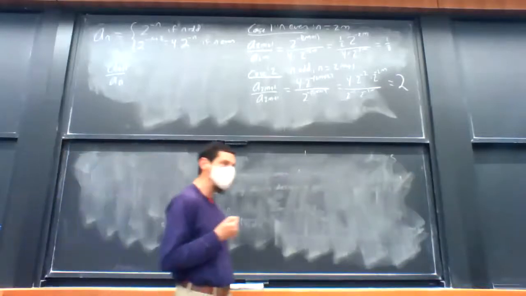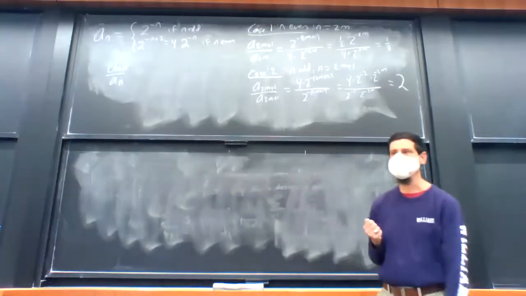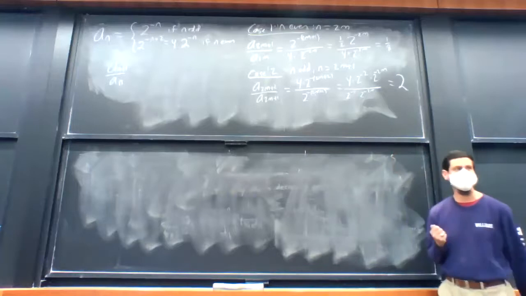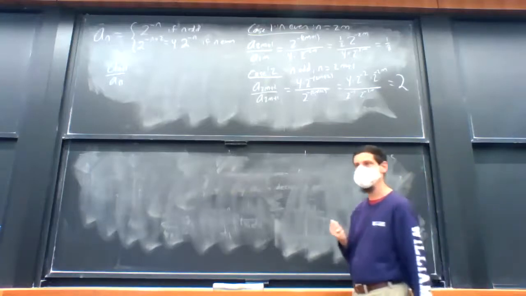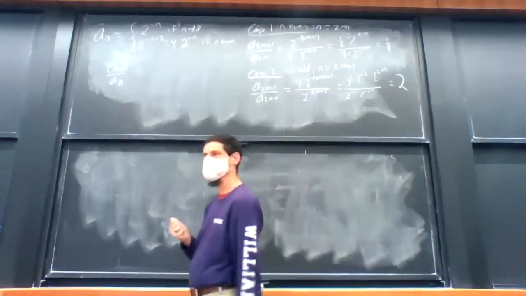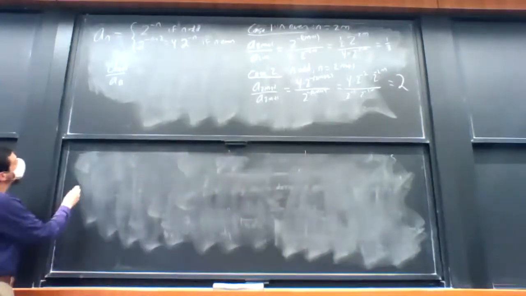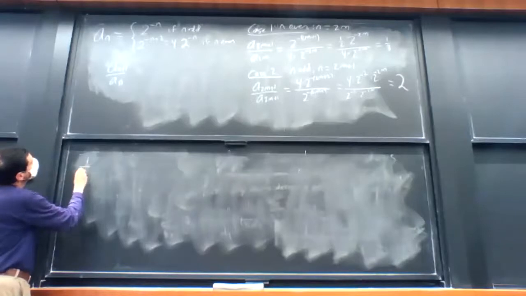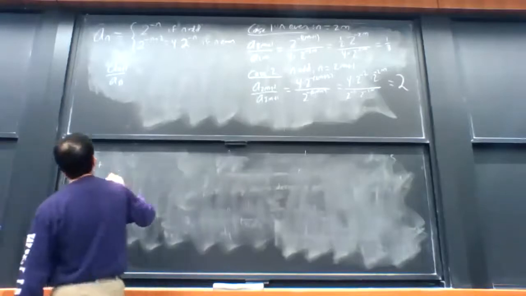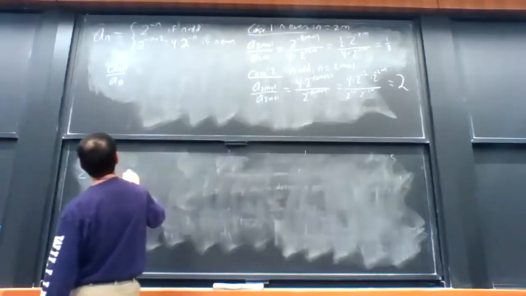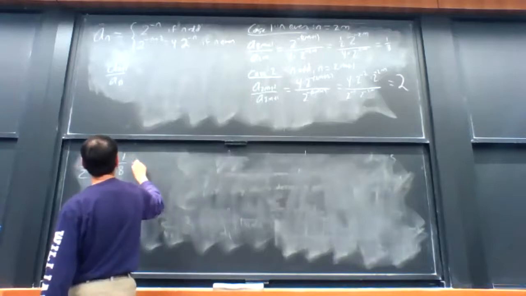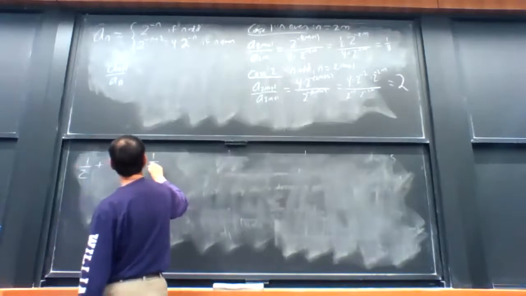I claim if you look at the sequence and how it's defined, certain terms are screaming, please collect them. All the odds. So if you look at all the odds, we would have 1/2 plus 1/8 plus 1/32.